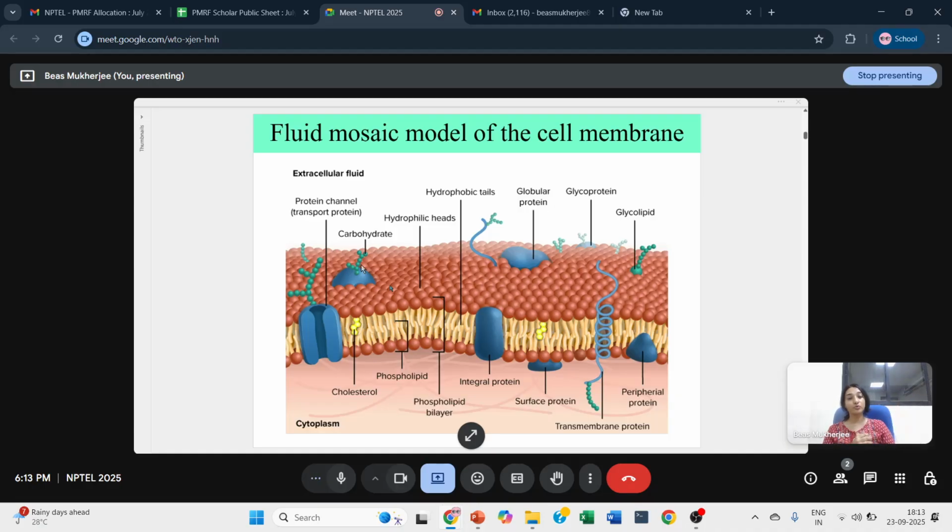On the proteins, there can be small oligosaccharides attached. You can see them as branching out oligosaccharides, and these proteins have different functions and different modifications, and we will talk about them in detail. These proteins can be glycosylated, so they can be glycoproteins, they can be phosphorylated, and they can have different purposes in the cell.